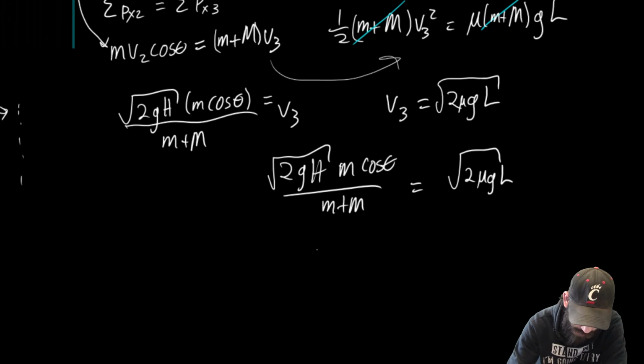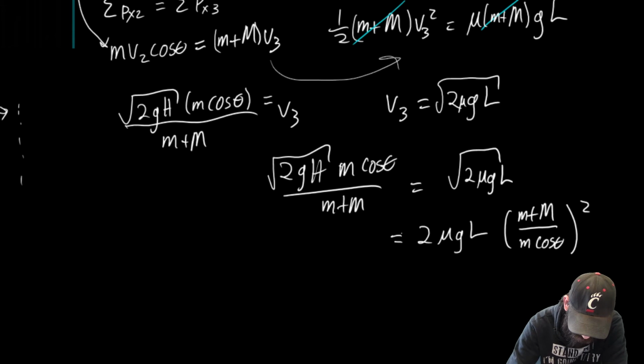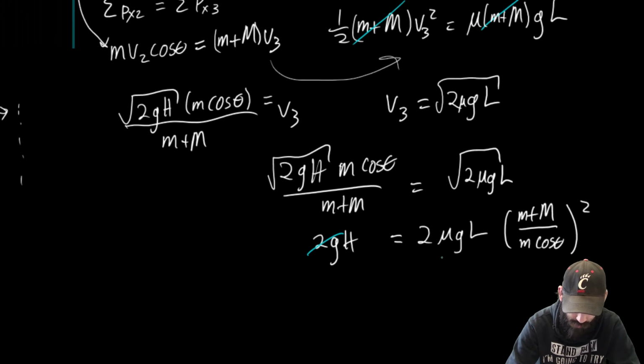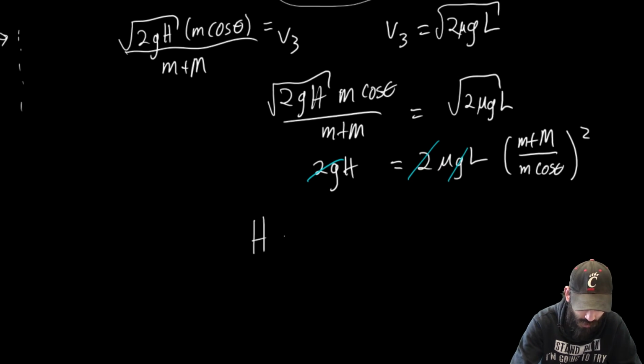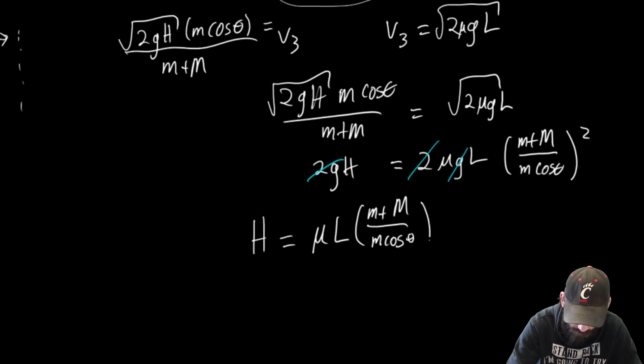What we end up seeing is that 2 mu gL times ((M plus m) divided by m cosine of theta) squared is going to be equal to 2gH. Then we can cancel some things here and here. In the end, this height H is going to be equal to mu L times ((M plus m) divided by m cosine of theta), quantity squared.